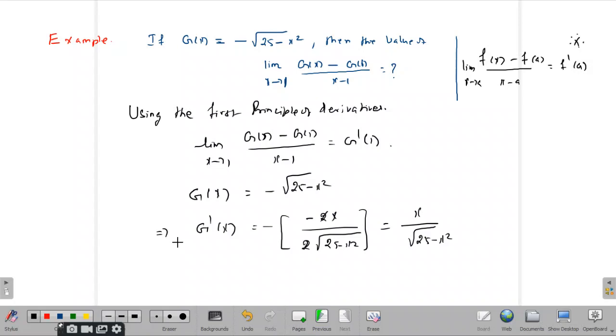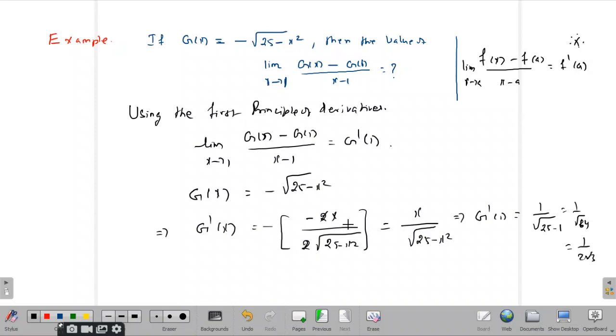This is g dash of x. This implies, student, we need g dash of 1, 1 over root of 25 minus 1, so 1 over root of 24.